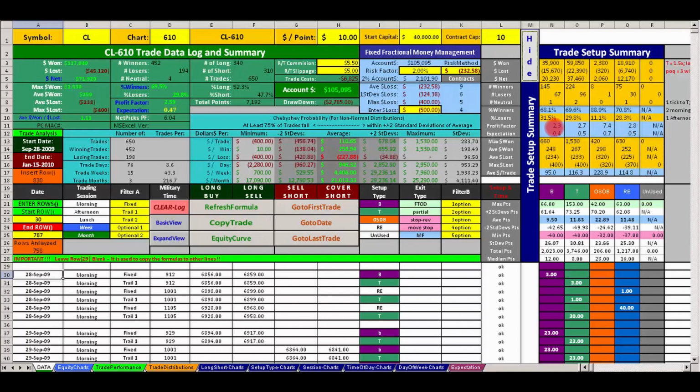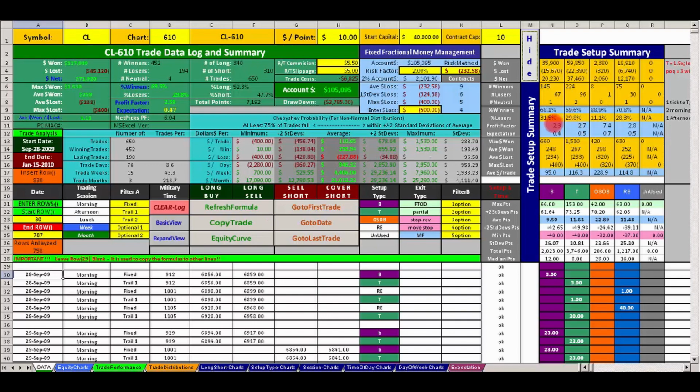Now, let's take a look from a little further out perspective and ask which of these trading setup types did the best. Looking just at % winners, the oversold overbought was almost 89% winners. But there were only 9 trades, so those trades don't come along as often.